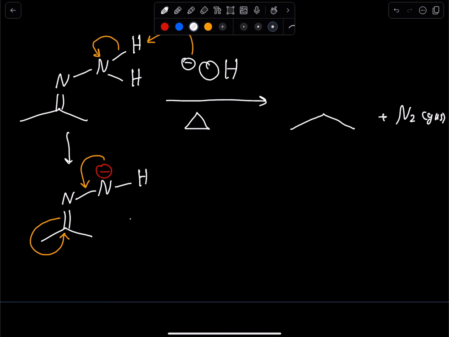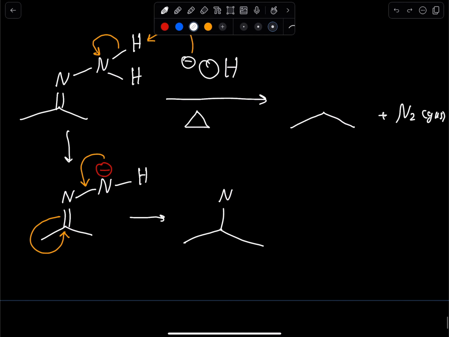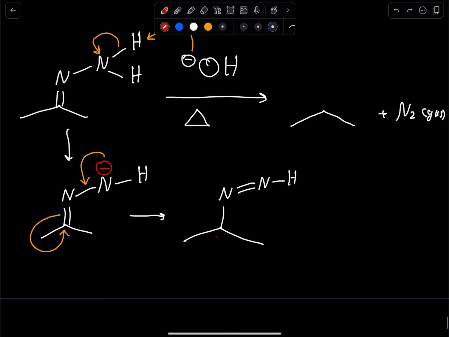So the outcome is that this nitrogen-carbon bond becomes single bonded as opposed to double bonded. This becomes a double bond because we just added electrons to it. And then we threw electrons on this carbon, so that carbon is now negatively charged.